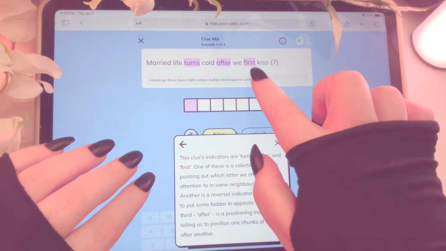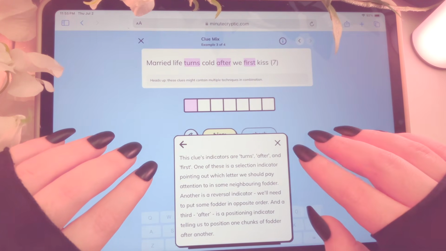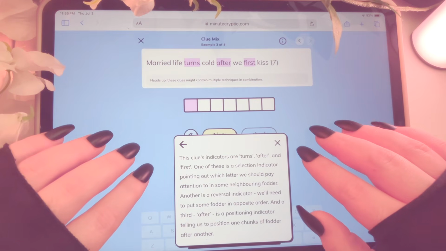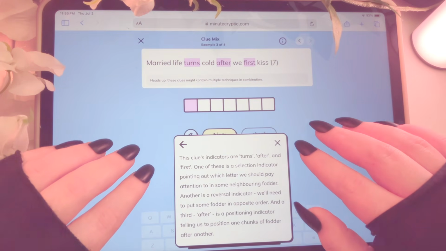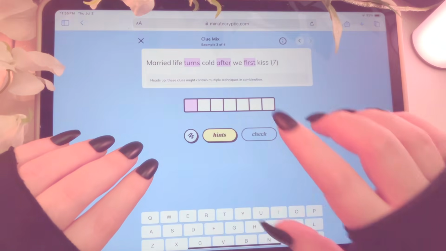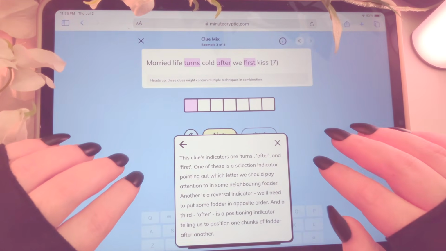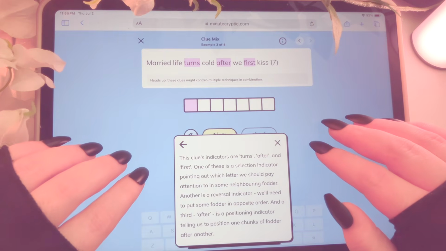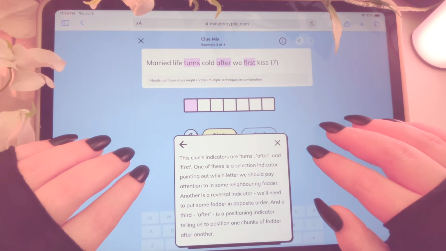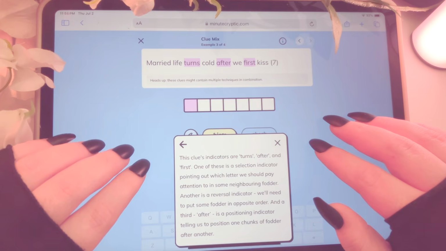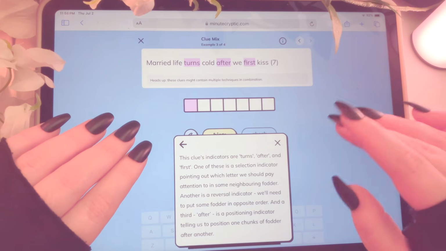That would be first. Another is a reversal indicator. We'll need to put some fodder in the opposite order. That will be turns. And the third, after, is a positioning indicator telling us to position one chunk of fodder after another.